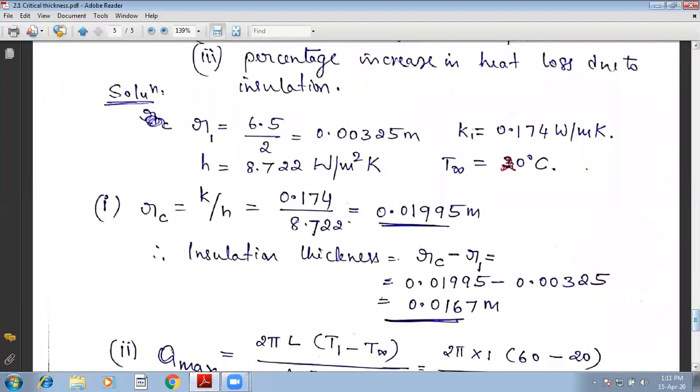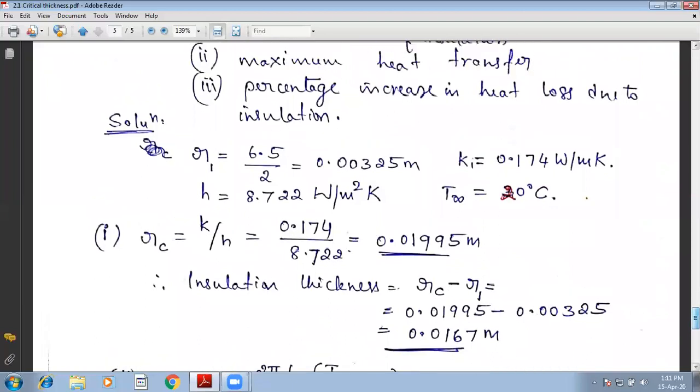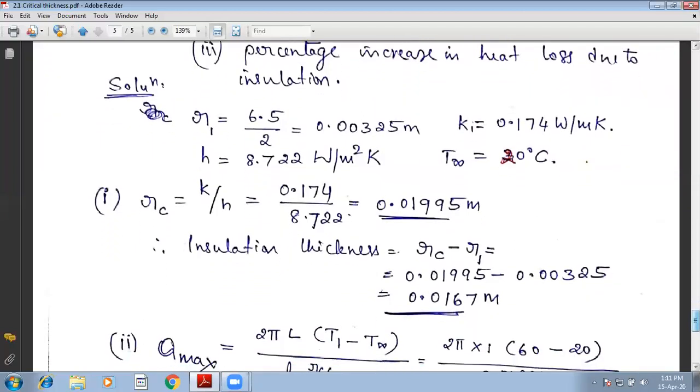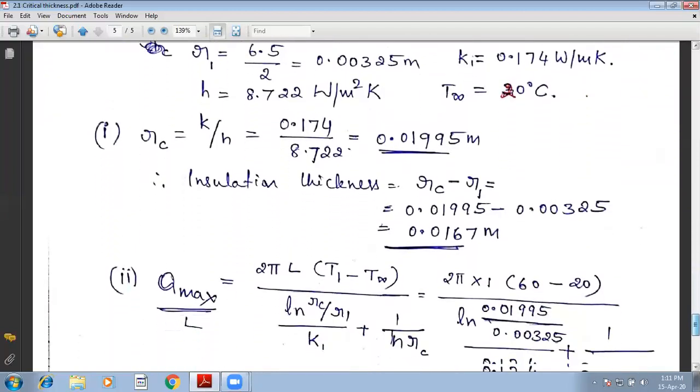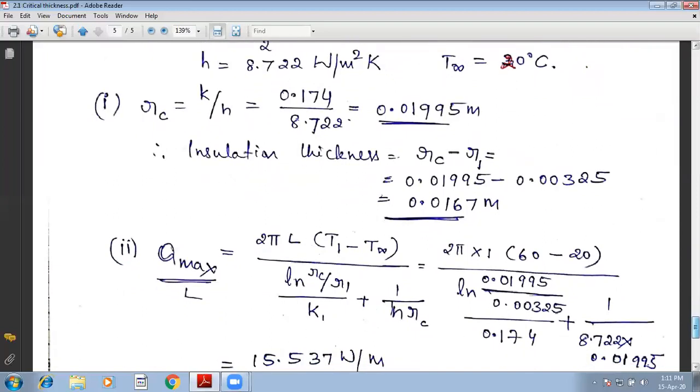The second question is, you need to calculate maximum heat transfer. Again, we have discussed the heat transfer will become maximum when the radius becomes critical radius. We know that.